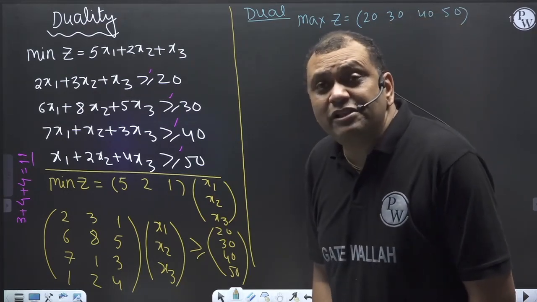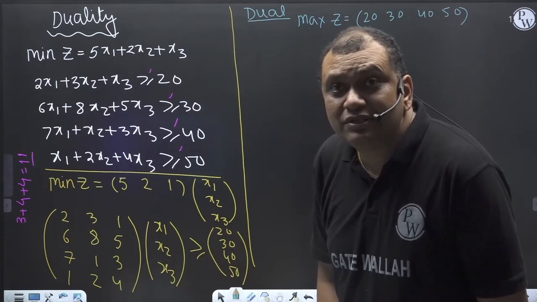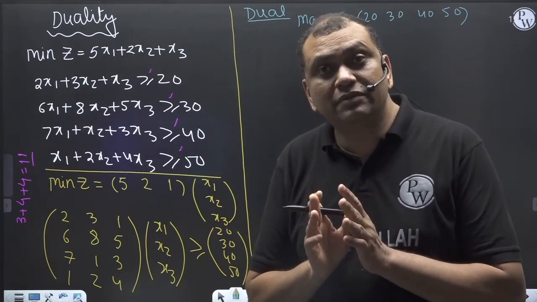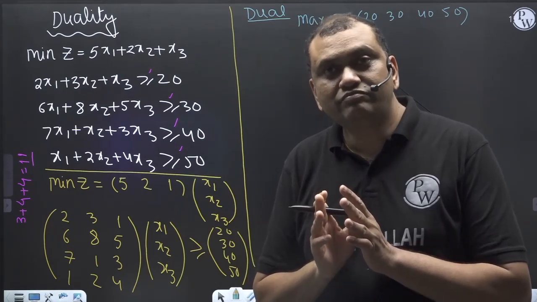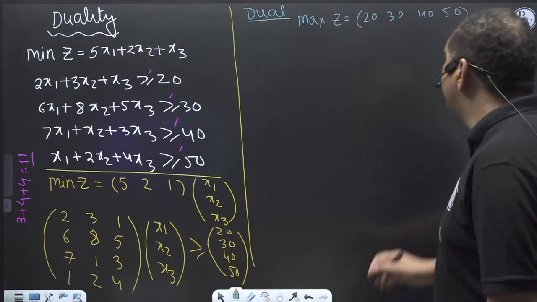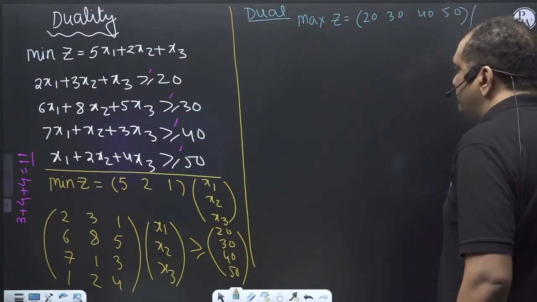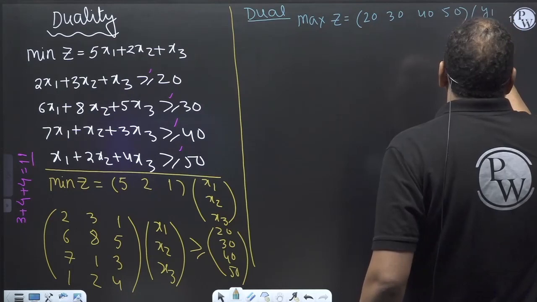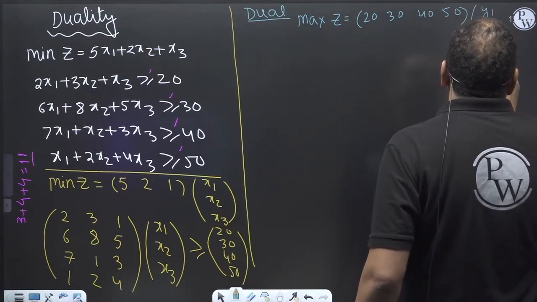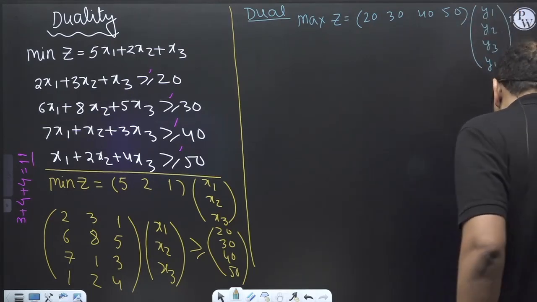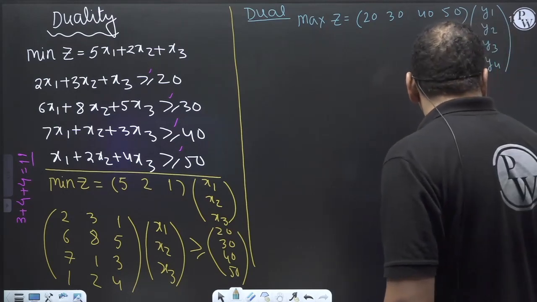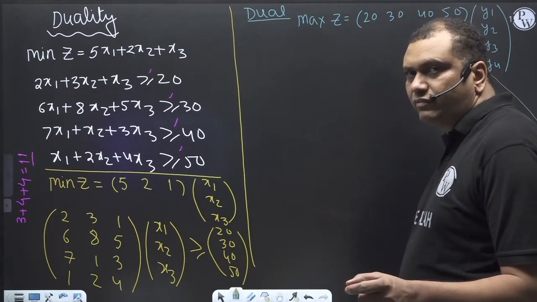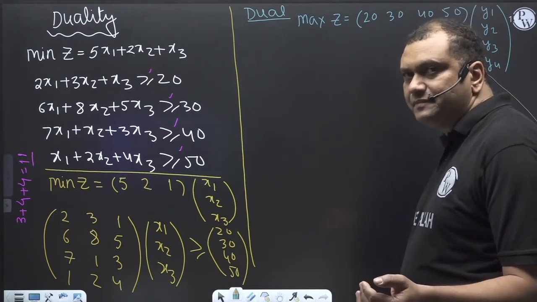The number of variables in the dual changes. The number of variables in dual will be equal to the number of constraints, let us say y1, y2, y3 and y4.